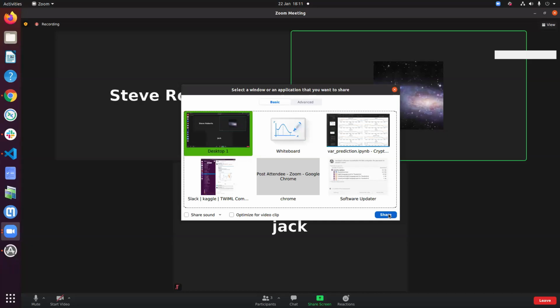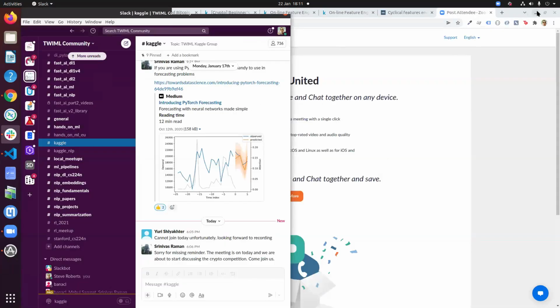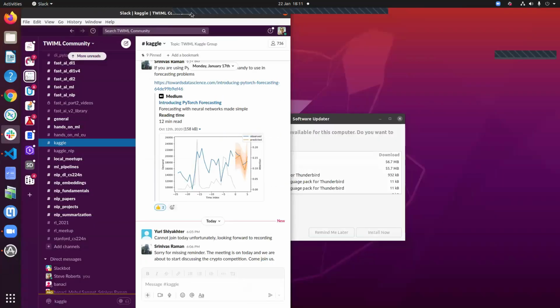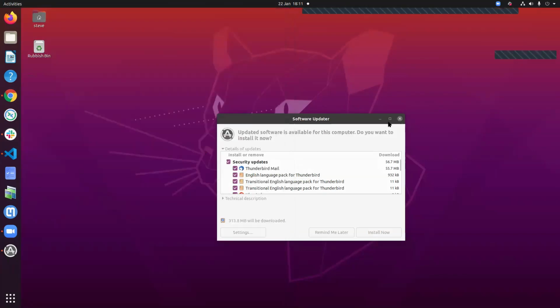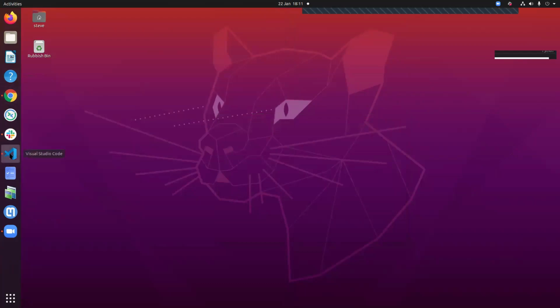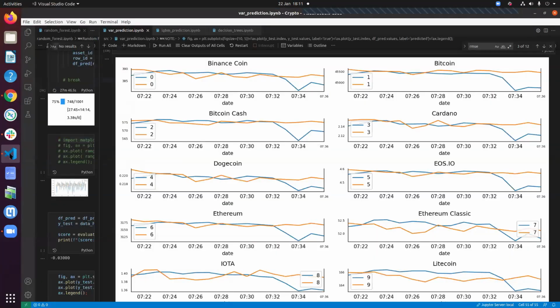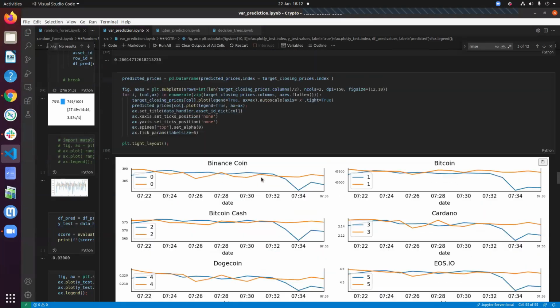Yeah, so I'll just share my screen and show you what I've been doing. I'd been working on the VAR one. The way I'd been tackling the problem was trying to predict the price ratios, which then let me calculate the target.